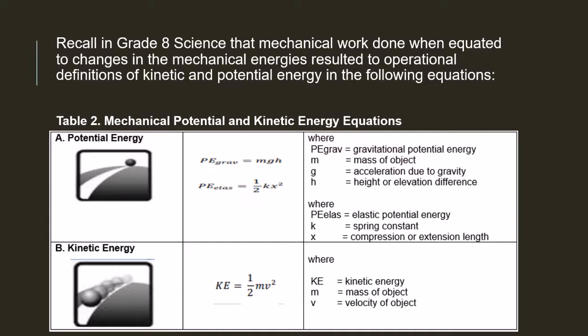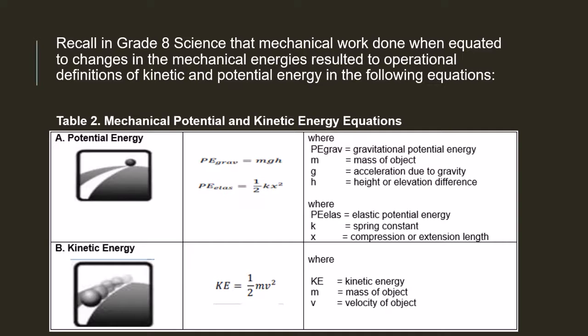Next is PE elas equals 1/2 kx squared, where PE grav is gravitational potential energy, m is the mass of the object, g is acceleration due to gravity, and h is height or elevation difference. For the next equation, PE elas is elastic potential energy, k is the spring constant, and x is the compression or extension length.